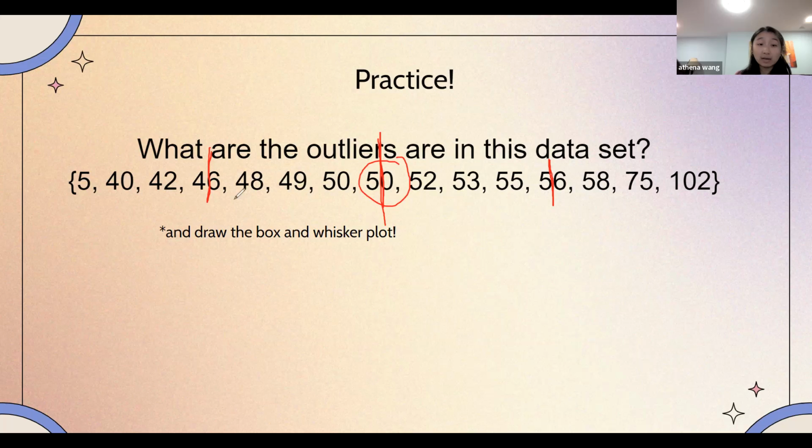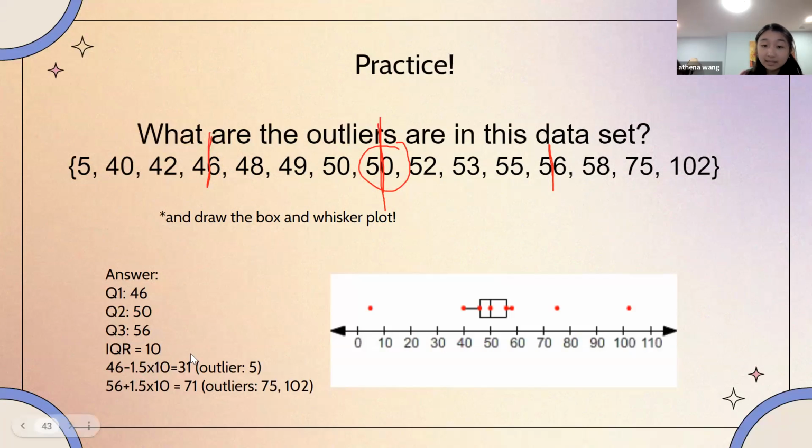So our outlier has to be greater than or equal to 1.5 times 10 below 46, or 1.5 times 10 above 56. So that means that it would be less than or equal to 31, or greater than or equal to 71. And so our outliers would be 5, 75, and 102.